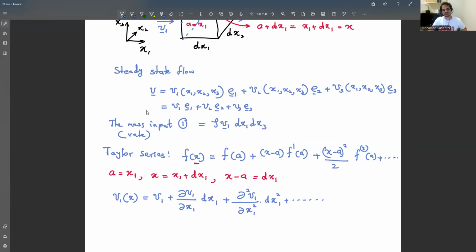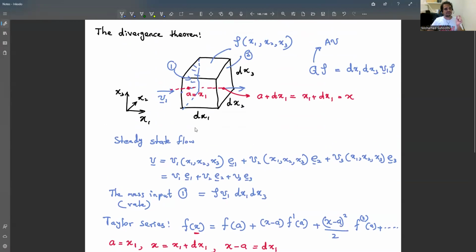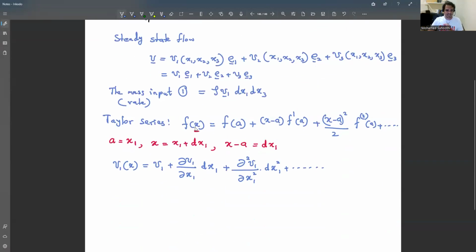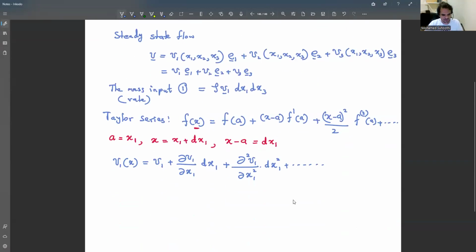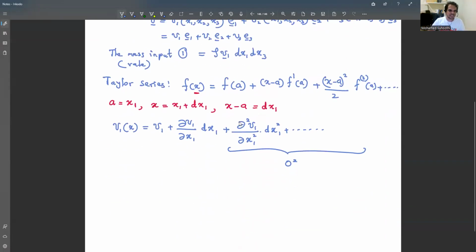Now again, here I am taking the very infinitesimal things. Therefore, the second order term, order of 2, I can ignore, because dx is already a very small quantity, then dx squared is even smaller. So I can take this part as 0.